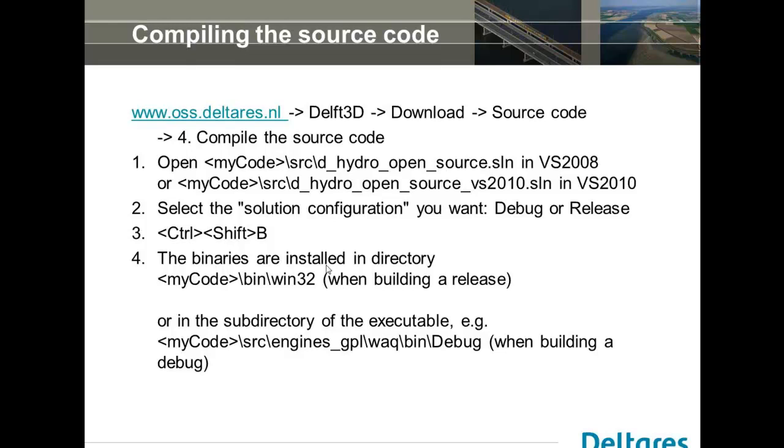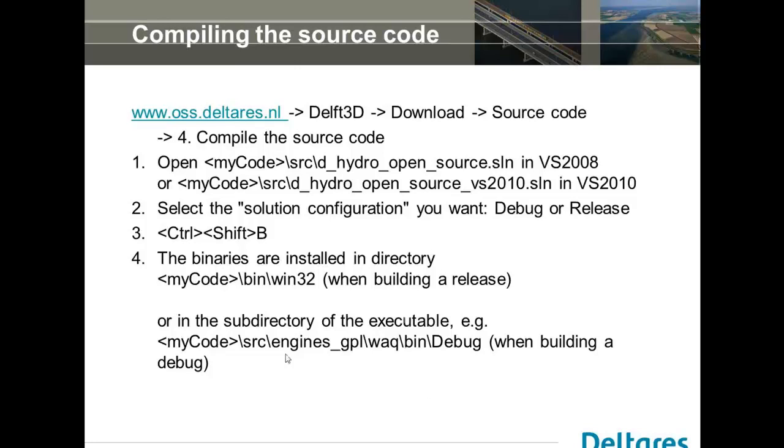There are install scripts run after you are building the release, which copy all the executables and DLLs you need into the bin32 directory. And here I use my code for the location where you just downloaded the open source code.